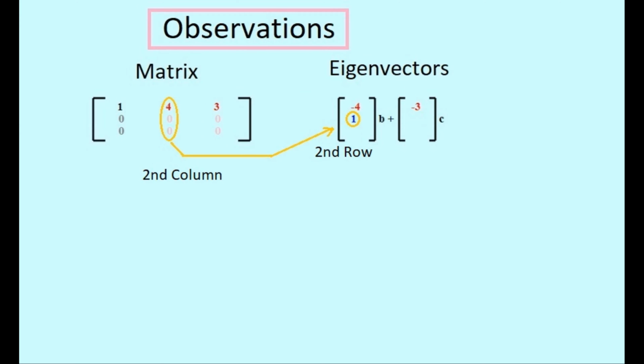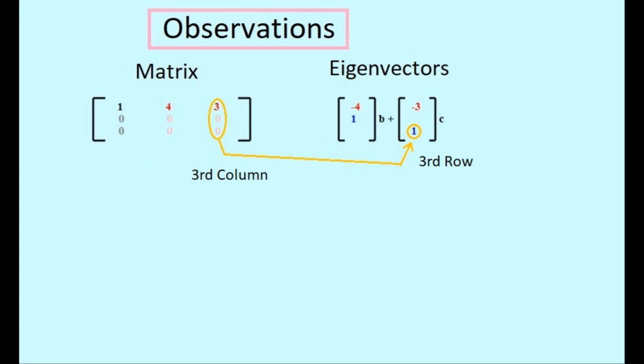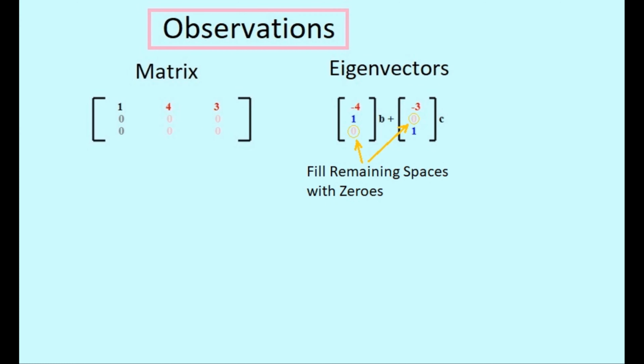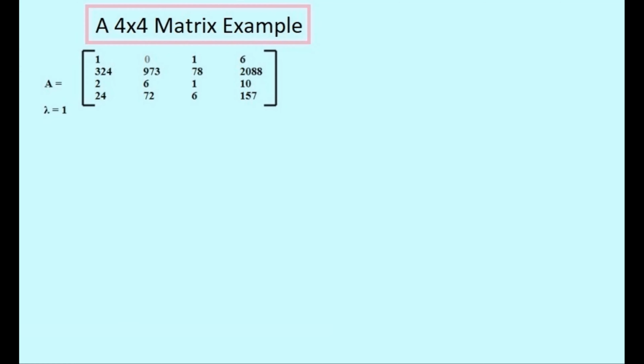Then, because we used the second column to get information for this eigenvector, we then place a 1 in its corresponding second row. And then, because we used the third column to get information for this second eigenvector, we then place a 1 in its corresponding third row. And then we place zeros in the remaining spaces to complete the eigenvectors.